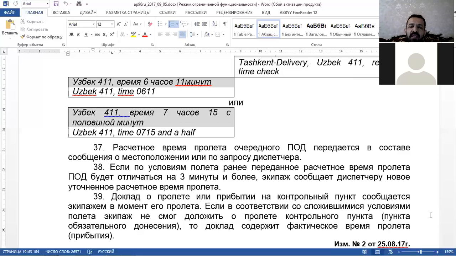If the estimated time changes by more than 3 minutes, it should be corrected. Up to 2 minutes is permissible.